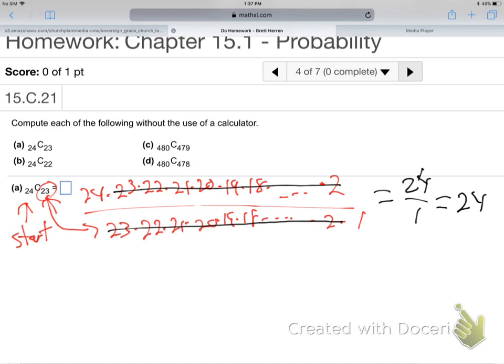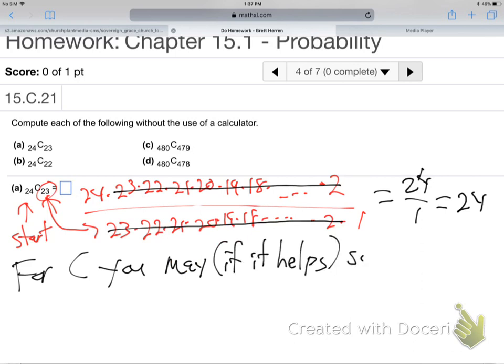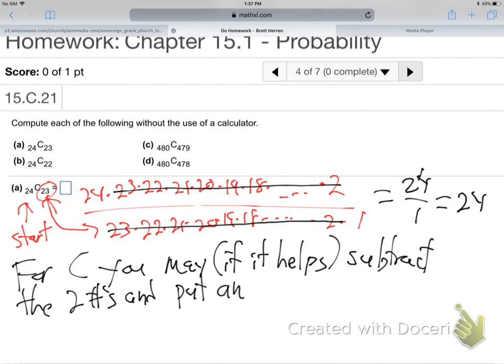There is a trick for C that can save some time and some effort. And that is, for C, you may, if it helps, and it will in this case, subtract the 2 numbers and put the answer in the second number spot.